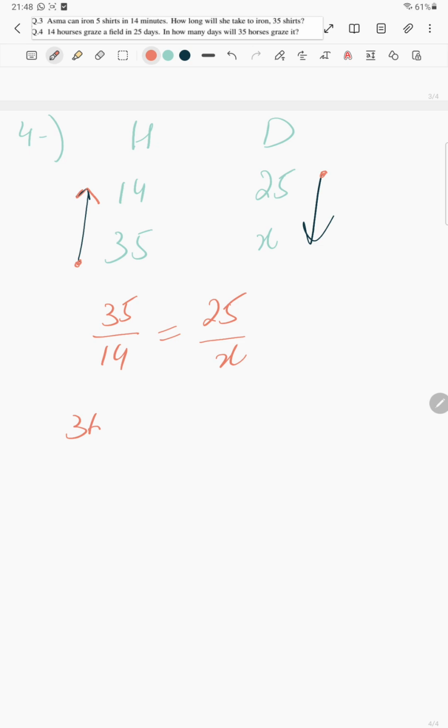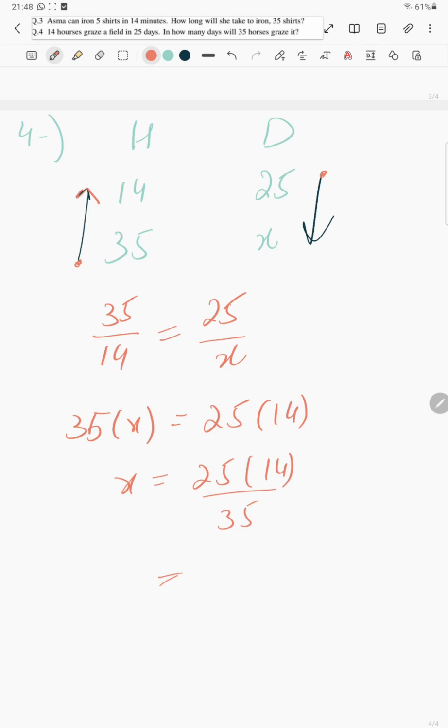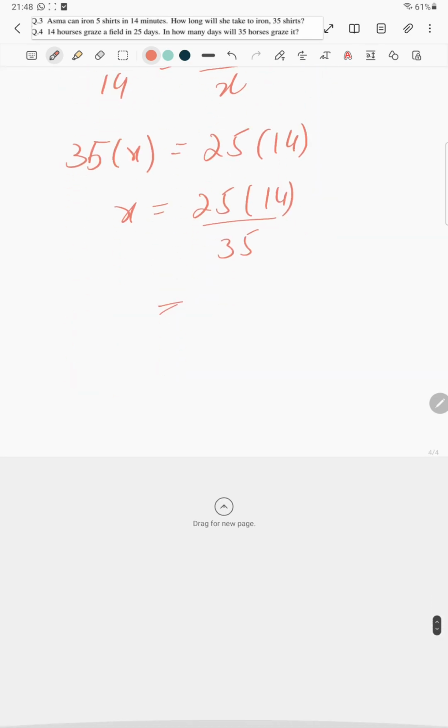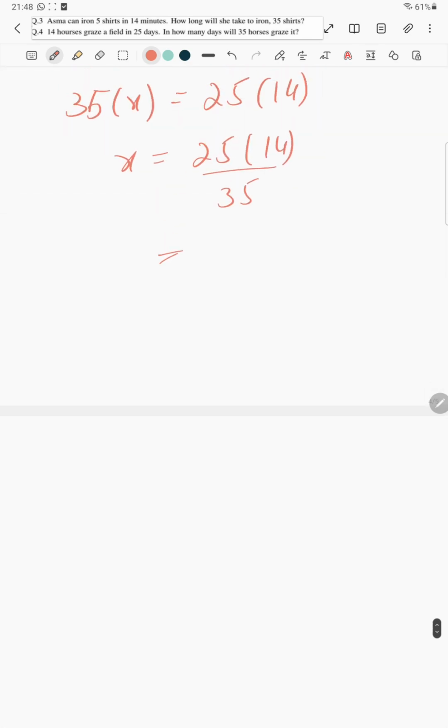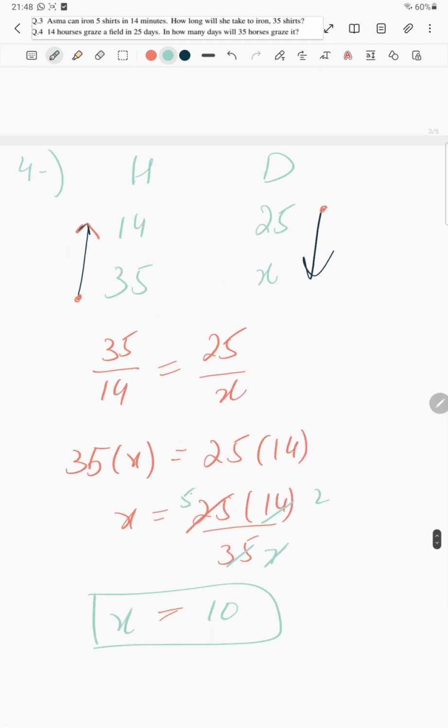So it's 35x is equal to 25 into 14. x is equal to 25 into 14 by 35, which is equal to 10 days.